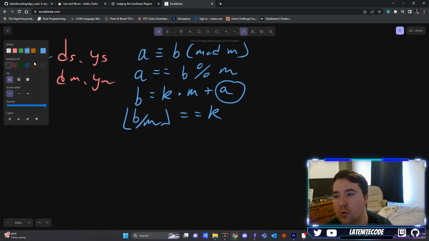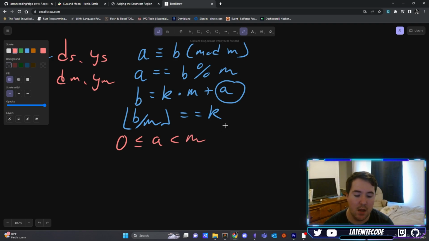One of the really cool aspects of modulus is that it always gives you some value a, where a is greater than or equal to 0 and strictly less than m. So for example, if m were to represent the length of an array, you typically have to be worried about out of bounds exceptions by having a negative number or a number that is equal to or greater than the bounds.